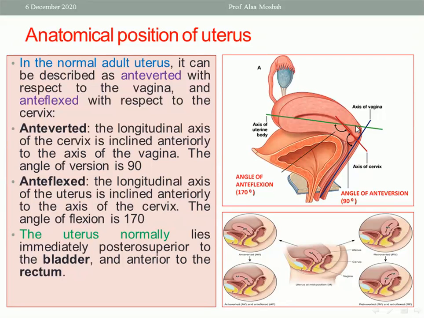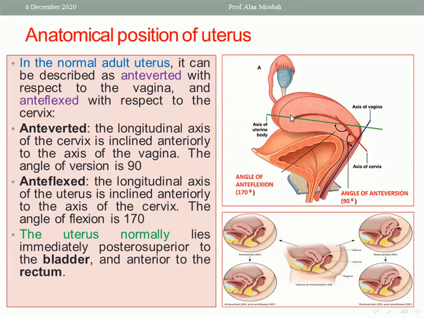What is anteflexed? The body of the uterus is bent forward, so there is an angle between the body of the uterus and the longitudinal axis of the cervix, making an obtuse angle of 170. So this is called anteflexed.